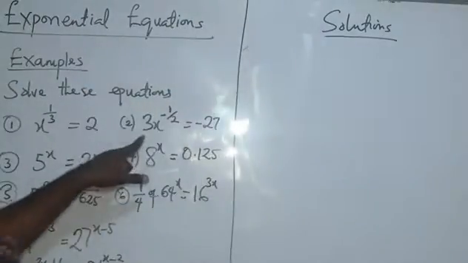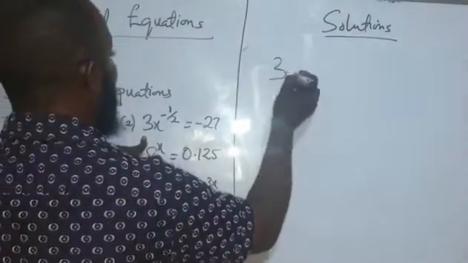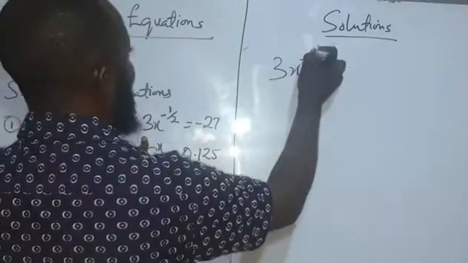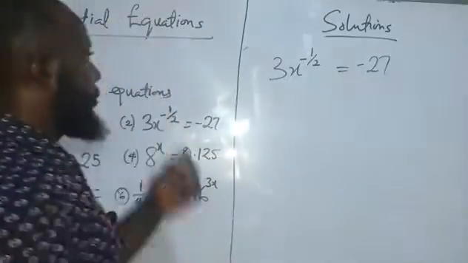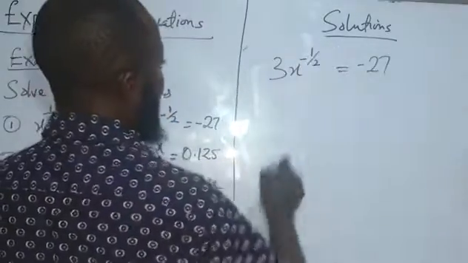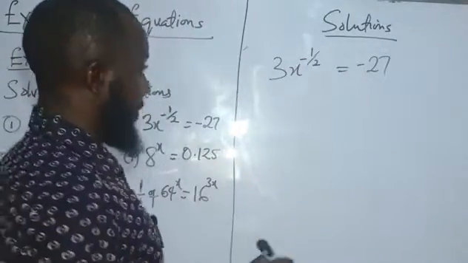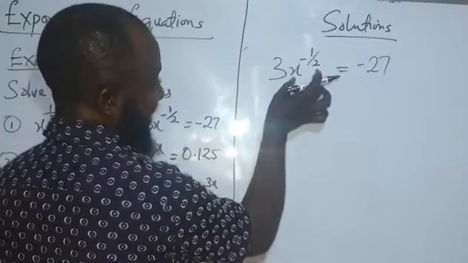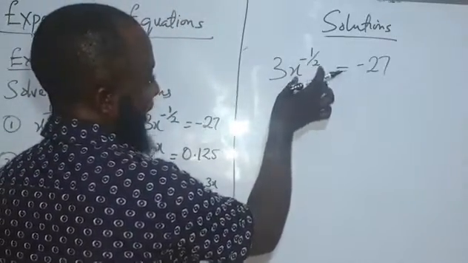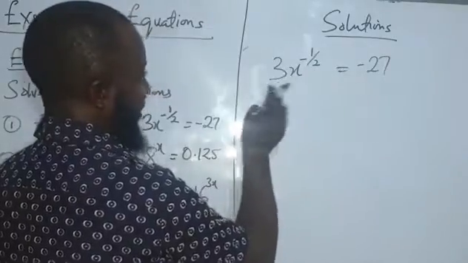Question number 2 is this. We have 3x raised to minus half equals minus 27. Now, before you do this, you must take note of this. This power of half is only affecting x, not 3.